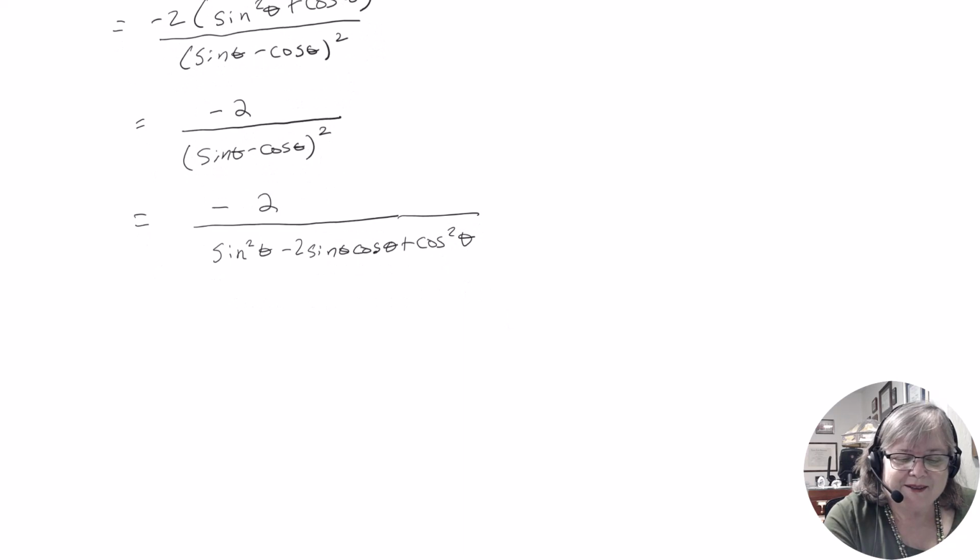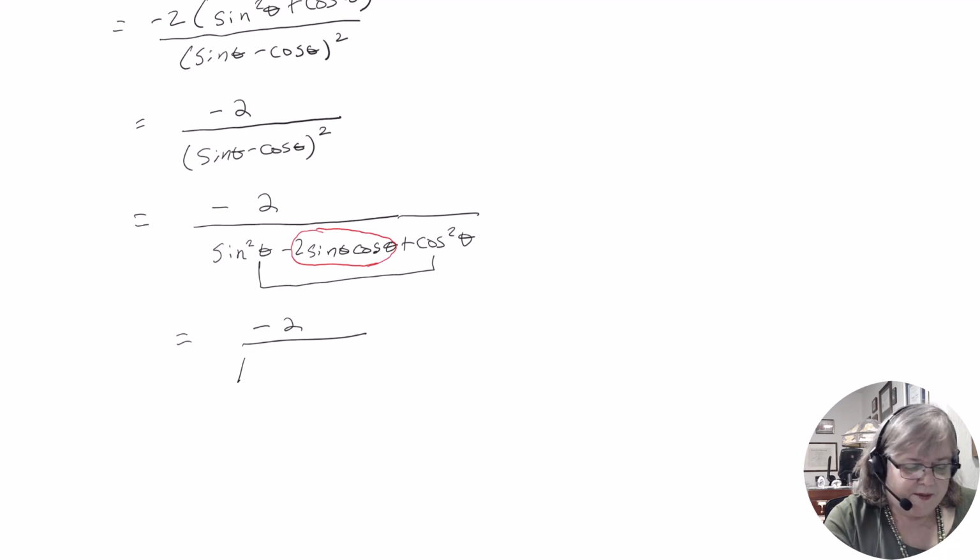And you go, hey, look, this right there is cosine squared theta plus sine squared theta, so it's 1. So minus 2 over, and you've got 1. And this part right here is that double angle. So it's minus sine 2 theta. So maybe pull the negative out.